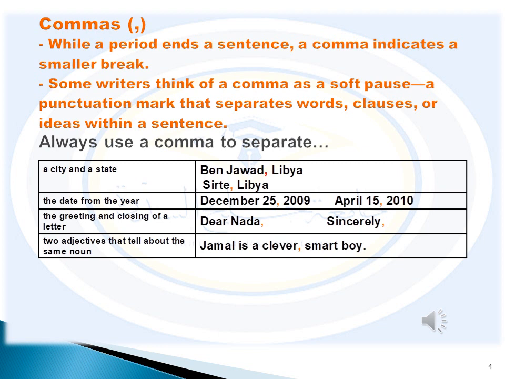Here we have a comma used in this example when you say Bin Jawad, Libya. Bin Jawad is the name of a city and Libya is a state or the country. So when you want to separate them, use a comma between them.